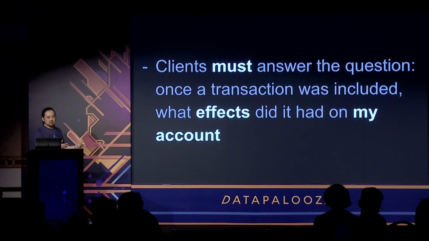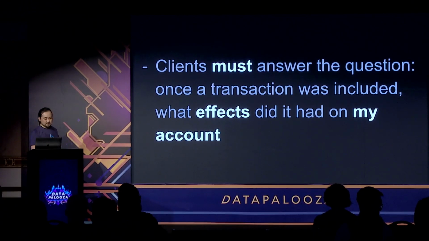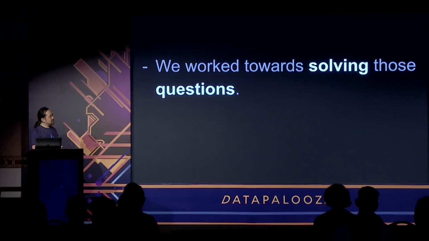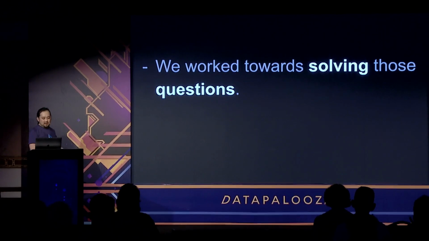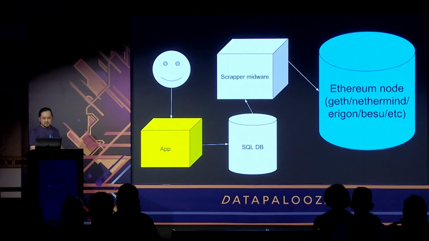Did they send tokens? Which tokens? In which order? And this is something that we don't get so easily just by querying Ethereum nodes using the standard APIs. Our solution works towards solving those issues.